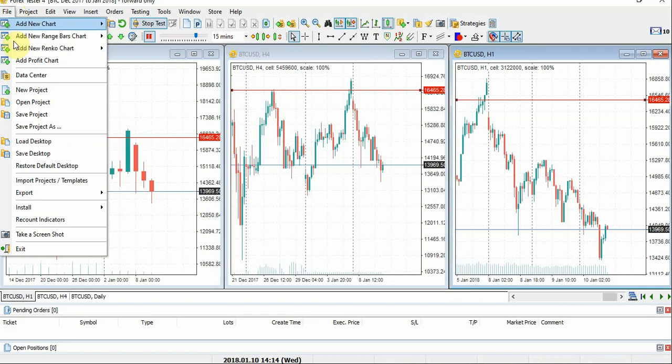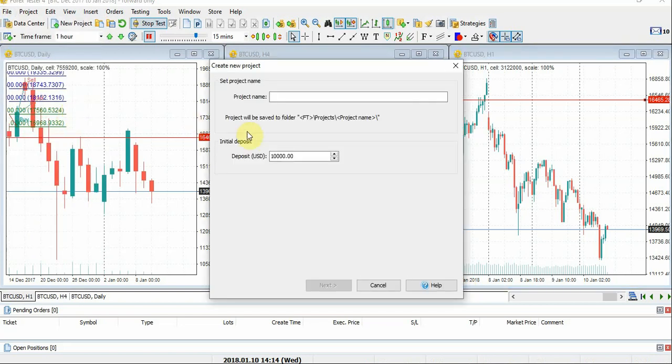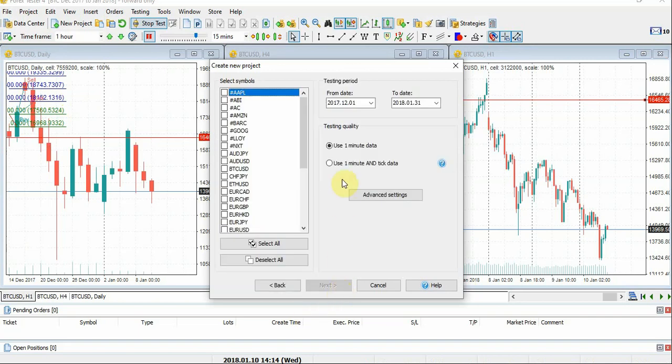So let me just open up the new project. As you know, I have never traded Bitcoin, so all of this is being done basically in real time. The time period that we have to look at now is July 2018 to August 2018. Click next.